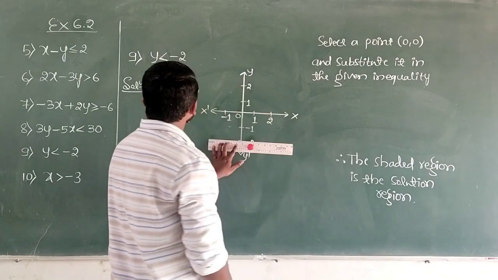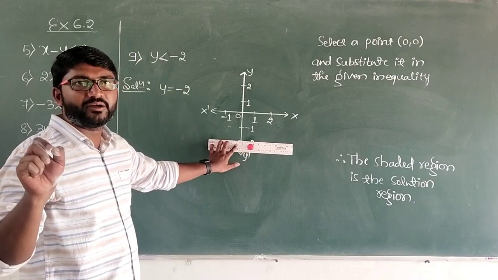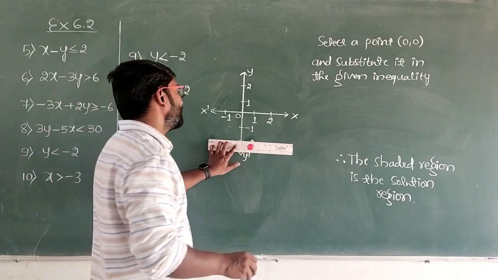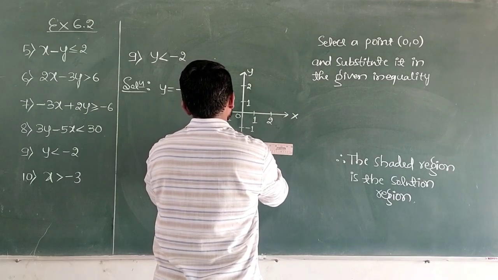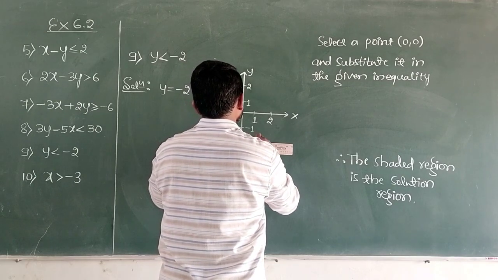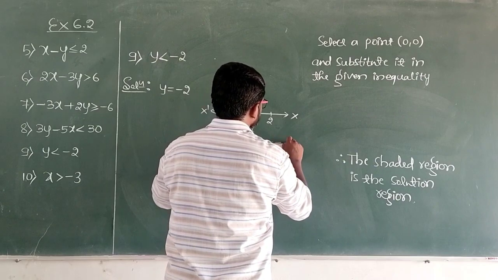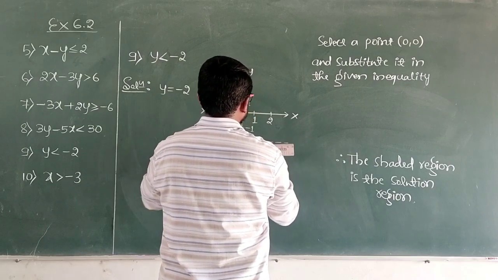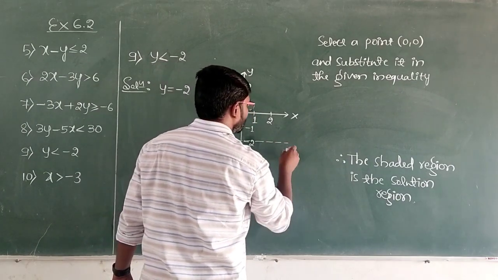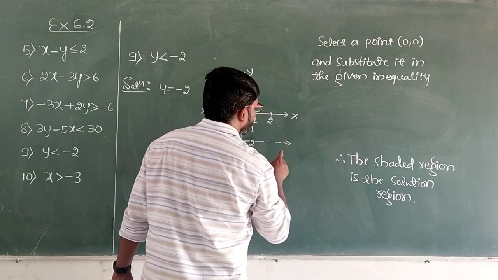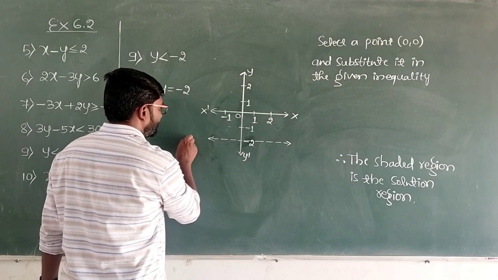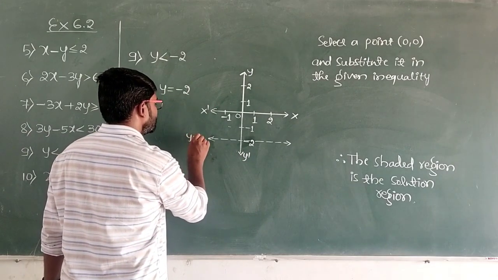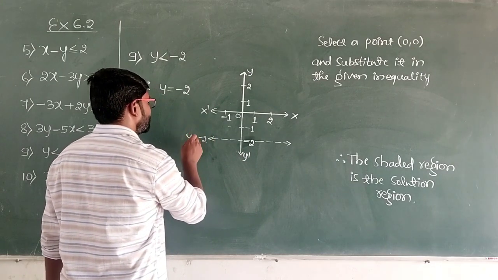Since the given inequality is a strict inequality, we have to draw the line as a dotted line. Put the arrow mark in both directions and write the equation y equal to minus 2. This is the equation of the line.